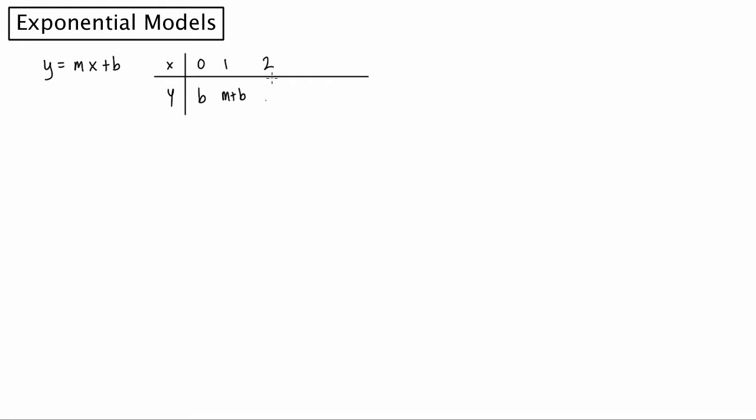When x is 2, you get 2m plus b. When x is 3, you get 3m plus b, and so on. The point being here that each additional step adds m. So the slope is added for each additional step.